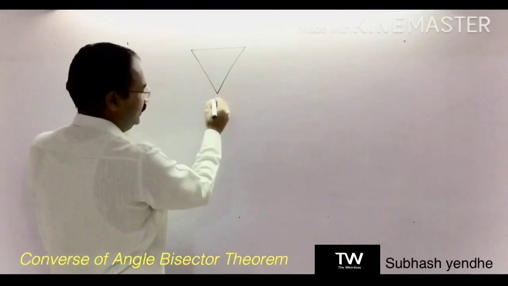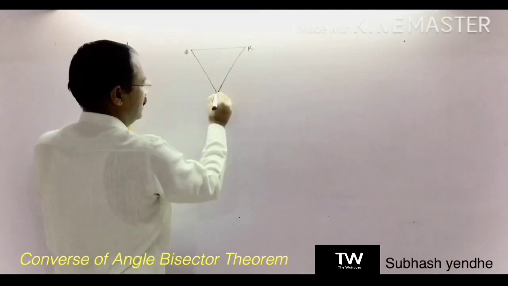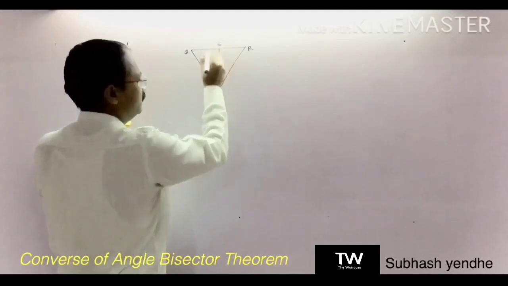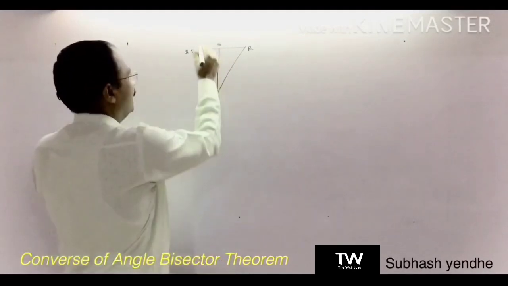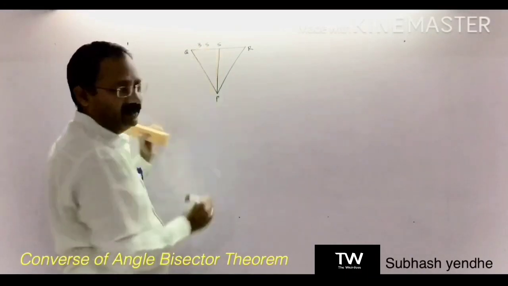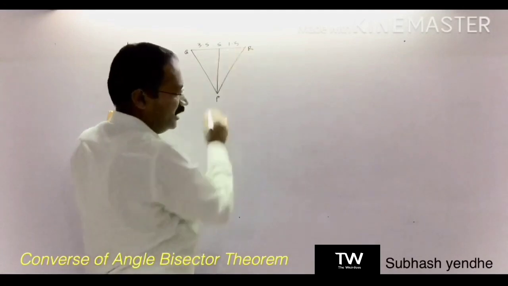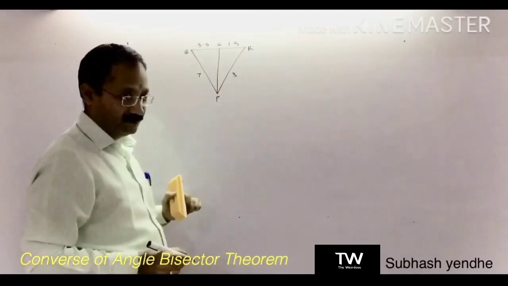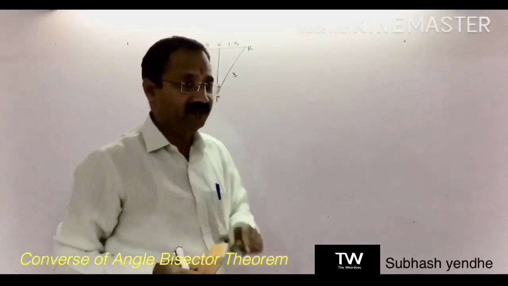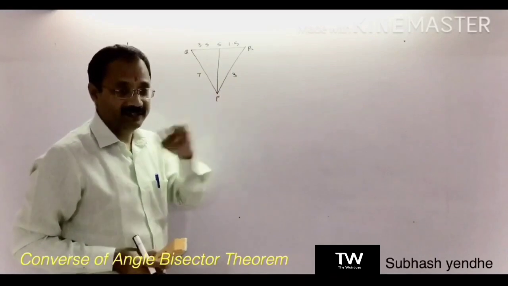This is P, this is Q, this is R, and there is a line PS. Its values are given as 3.5, 1.5, 7, and 3. Now they will ask whether PS is an angle bisector.